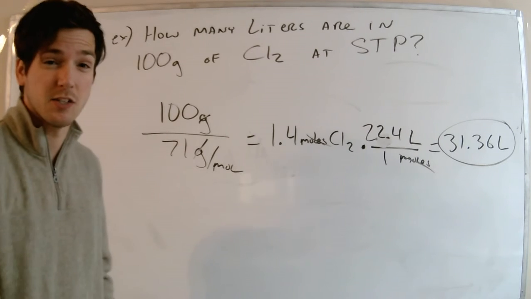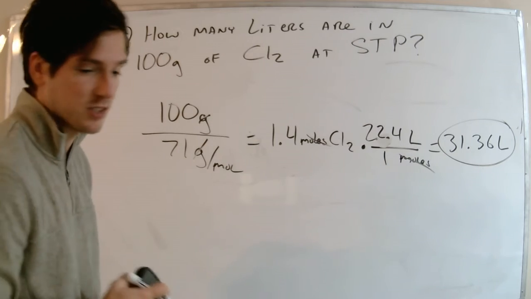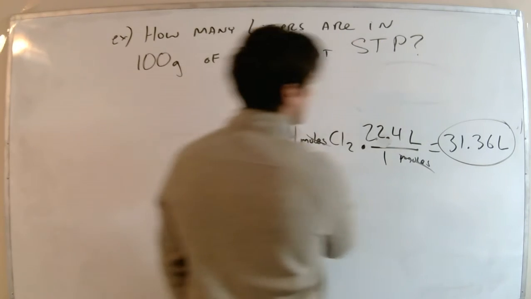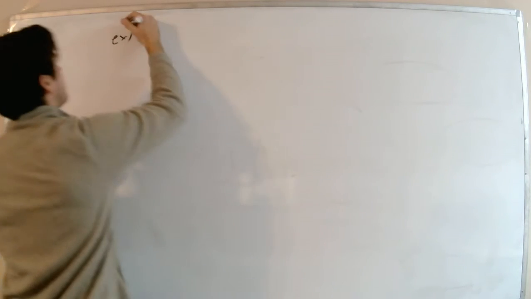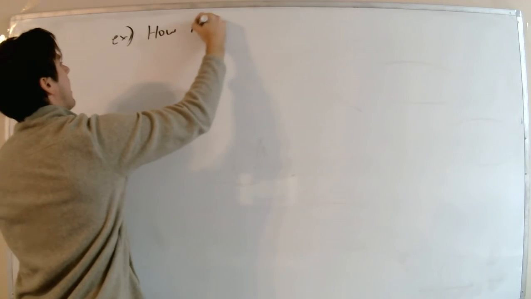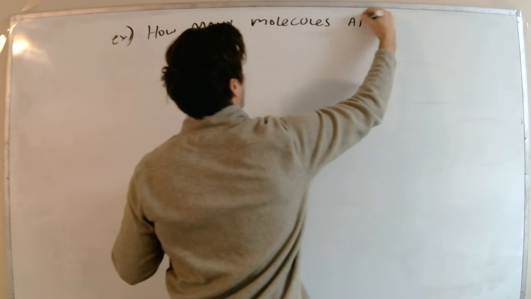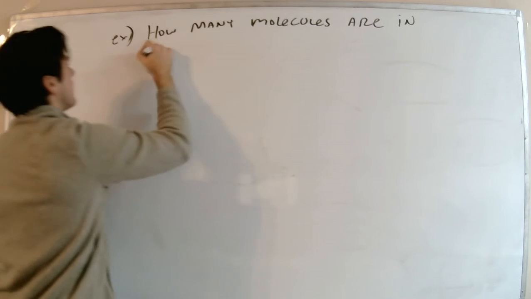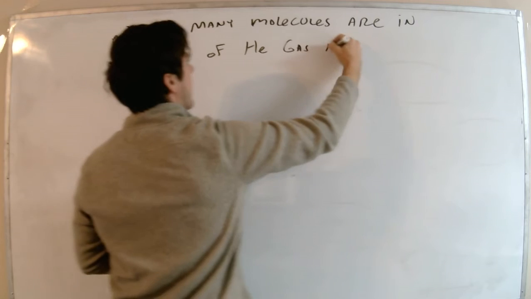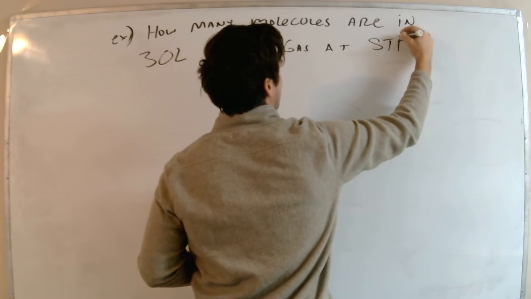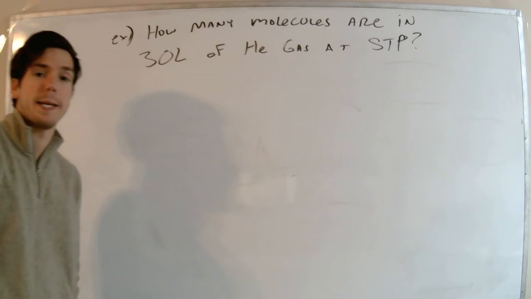Let's go ahead and do one more, and then we'll move on to percent composition. So, let me ask you this. How many molecules are in 30 liters of helium gas at STP, at that standard temperature and pressure of 273 Kelvin and 1 atm?